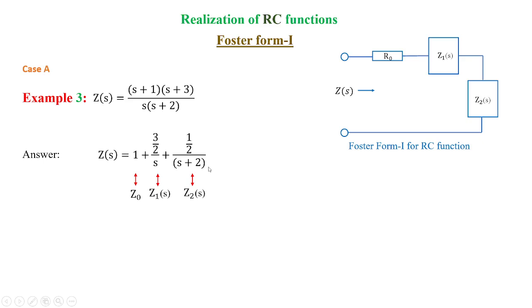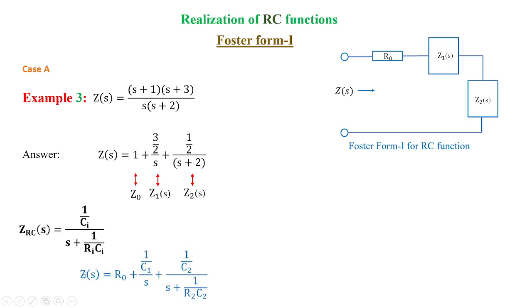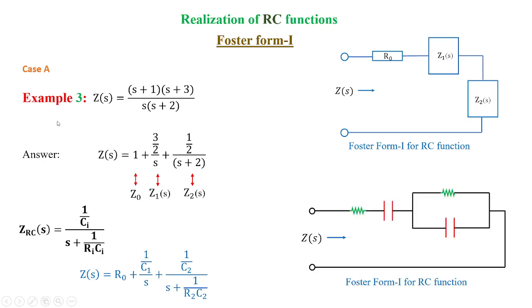Anyhow, after treating the impedance individually and with the help of this formula of z of RC, we can get the value of z of overall function as R0 plus 1 by C1 divided by S plus 1 by C2 divided by S plus 1 by R2 C2. Just compare the actual result with the function of z of S. We are going to get the Foster form representation for RC function in this fashion.